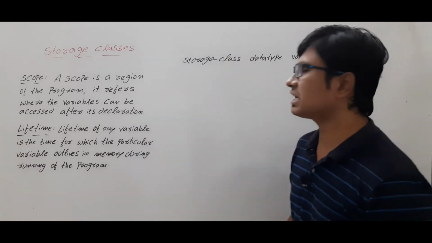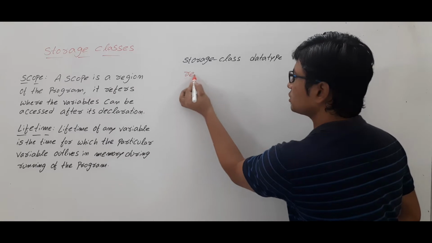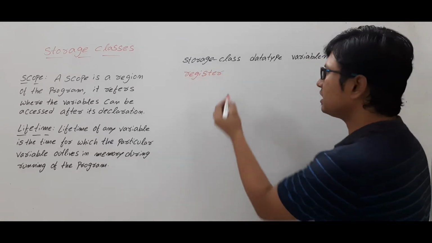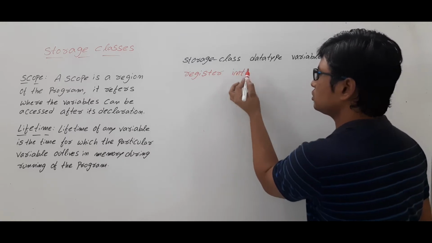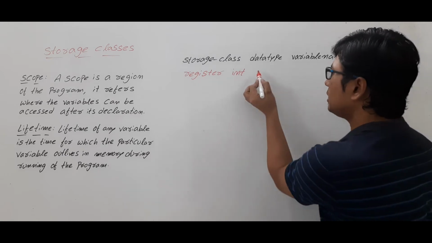Now, how can you declare a register variable? You have to specify the storage class as register, and then you give the data type. Suppose I want to store an integer constant. So I specify the data type as int and then the name of the variable.